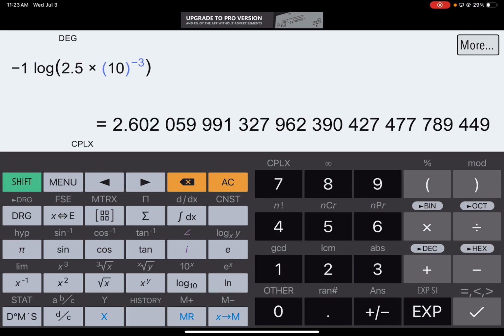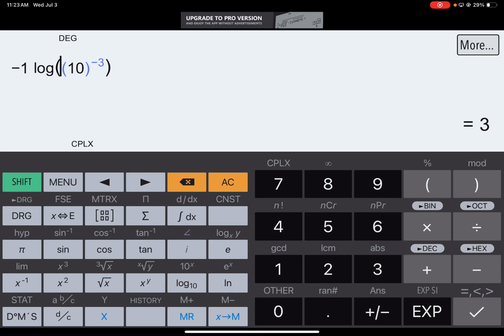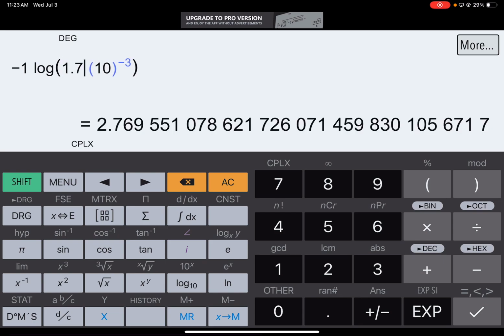This doesn't always come out to be that pretty. 1.7 times 10 to the negative third is equal to 2.7, almost 2.8. So these will actually be inverse. The smaller the number gets, meaning a big negative exponent, the bigger the number of your answer will be.